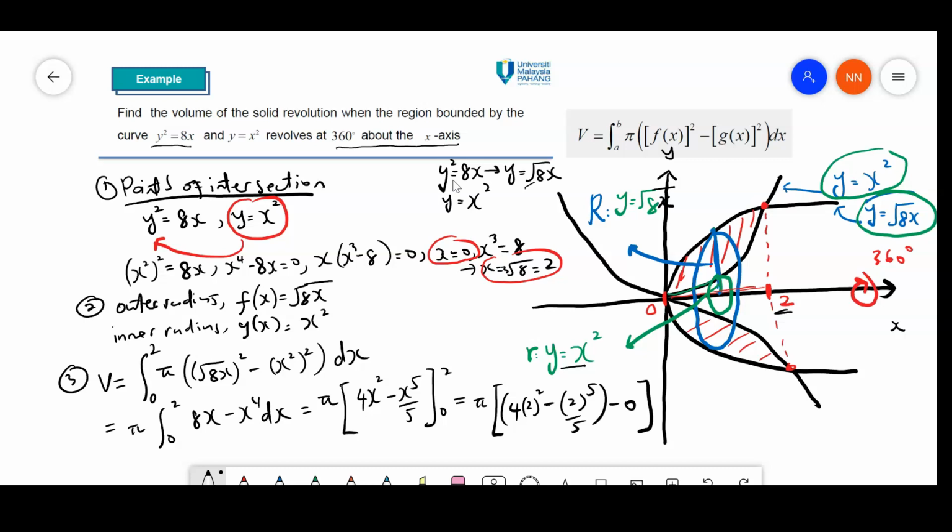So if you calculate by using your calculator, you will get your V equal to 48 over 5 pi, because this is volume, so unit cube. So this is our solution. By using the washer method, we get this volume for our solid here, 48 over 5 pi unit cube. Okay.